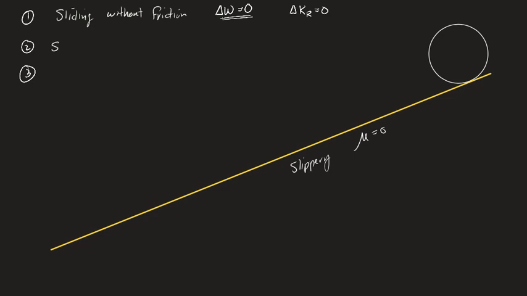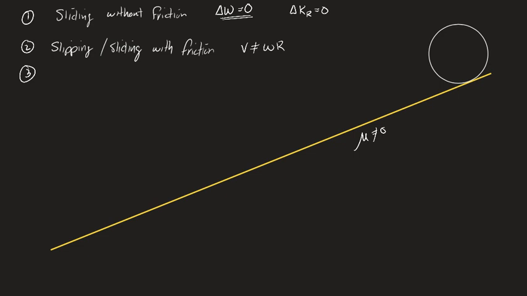So then there's this process called slipping, or sliding with friction. This is where the friction is not zero, so it's not perfectly slippery. But these things aren't linked up, meaning the rate that it spins isn't related to how fast its velocity is going.